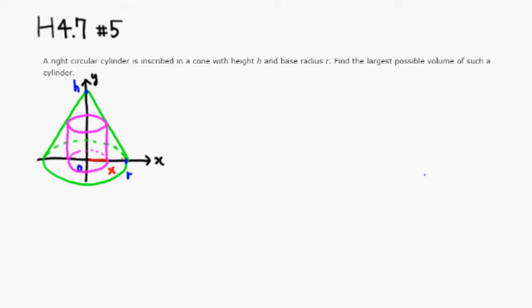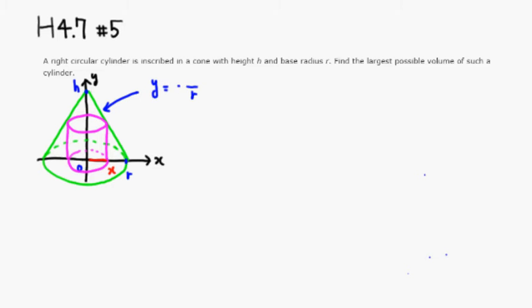Then the height of the cylinder is simply, let's see, we have to find the equation for this line. The y-intercept is h and the slope is negative h over r: the run would be r, the rise comes down h.